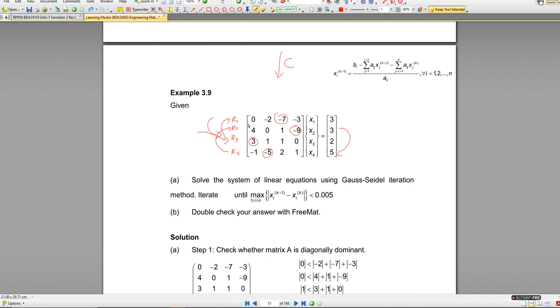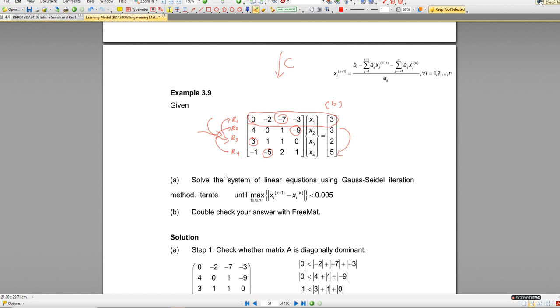You have to rearrange all the elements, let's say this one from row 1 to row 3, all these things. So in this case, matrix B is also affected.